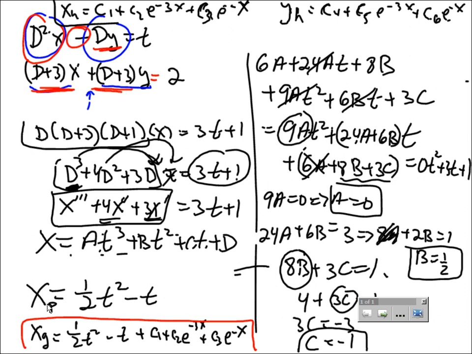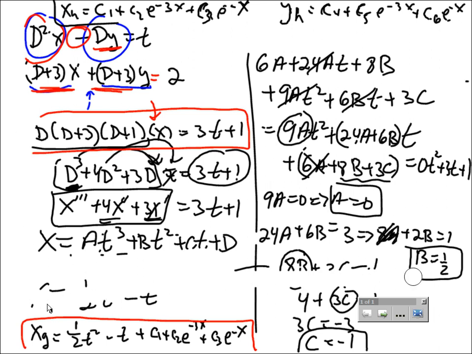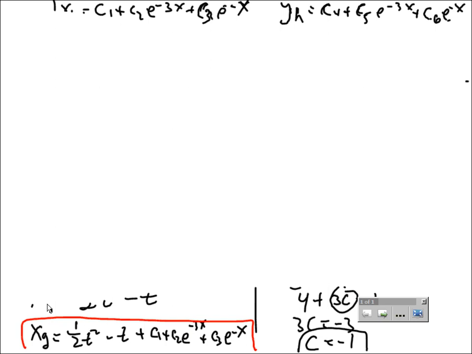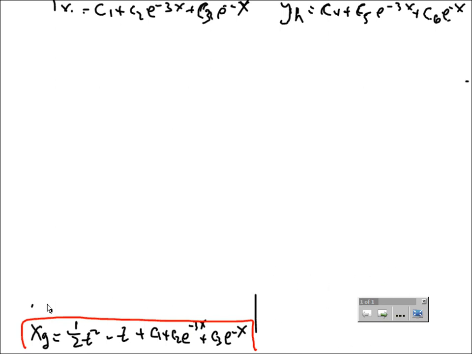Now, let us find out what y particular is. Y particular has the equivalent of this. It's going to have a little equation that had the y there. We got rid of x, and we just had y's. A differential operator on y, and we knew what it equals.